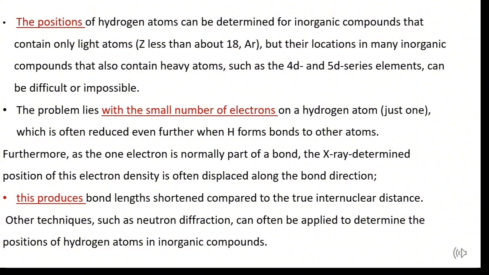The X-ray determined position of this electron density is often displaced along the bond direction. This produces a bond length that is shorter compared to the true internuclear distance. It's very short. Other techniques such as neutron diffraction can often be applied to determine the position of hydrogen atoms in organic compounds.